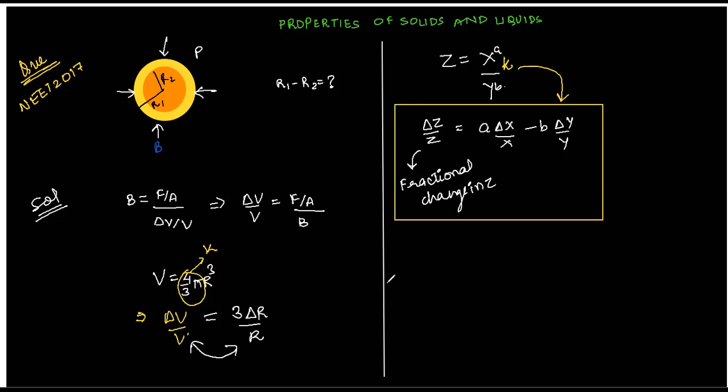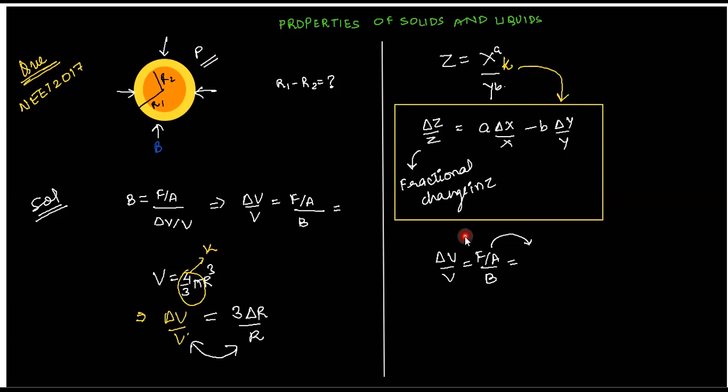Now I can write from this expression that delta V by V is equal to force acting per unit area whole by B. First of all, force acting per unit area is nothing but pressure, right?